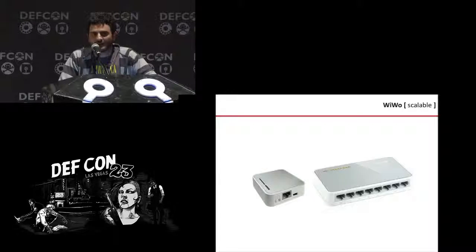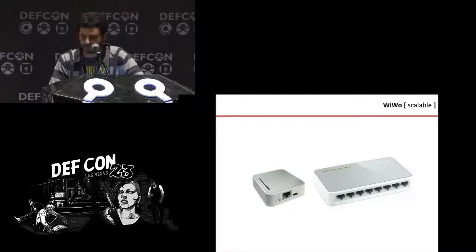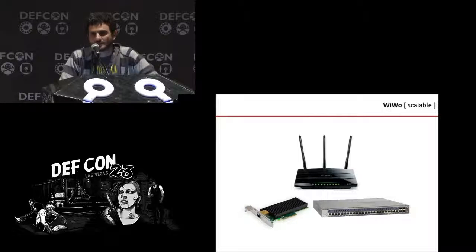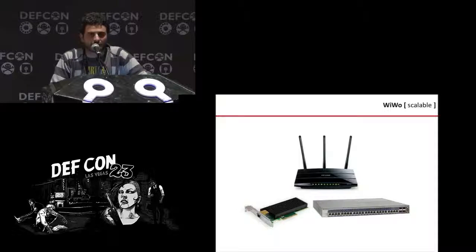But the good thing here is that we can get better devices, like these ones. Here we have a router, a Wi-Fi card, and a switch. They are devices that work at 1 gigabit per second or 10 gigabits per second. And if we get better devices, we are going to get better performance. We are not going to have scalability problems.